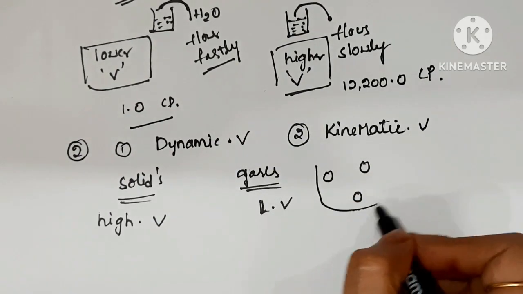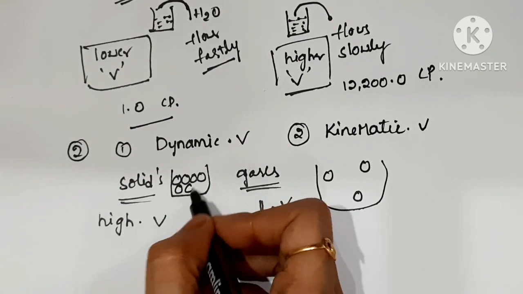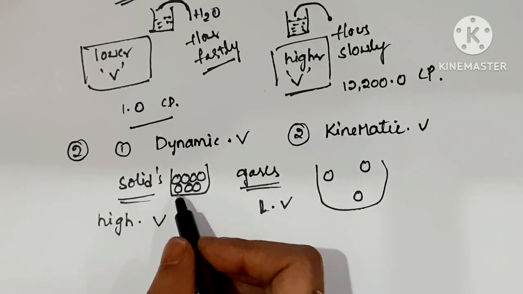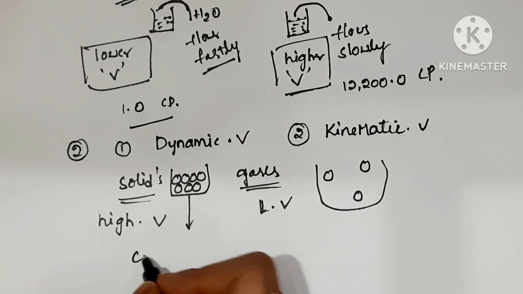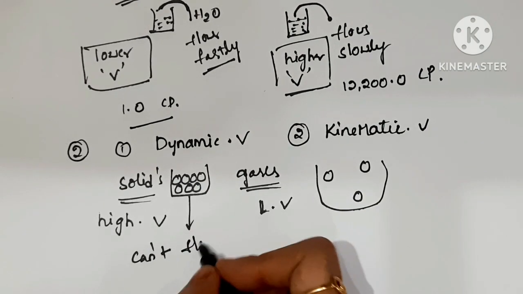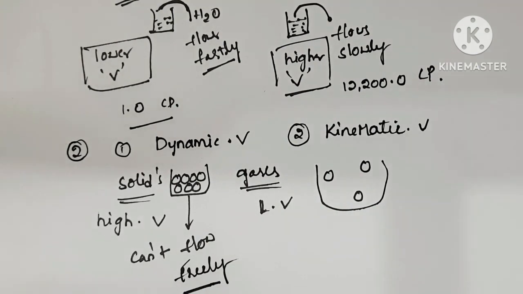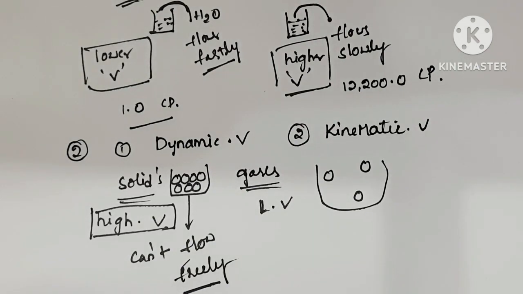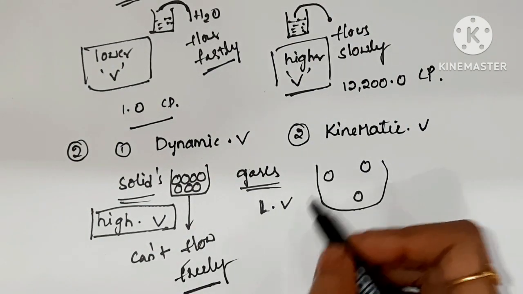In solids the molecules are closely placed to each other, so they can't flow freely or fast. That's why in the solid state there is high viscosity. Whereas gases flow very freely.